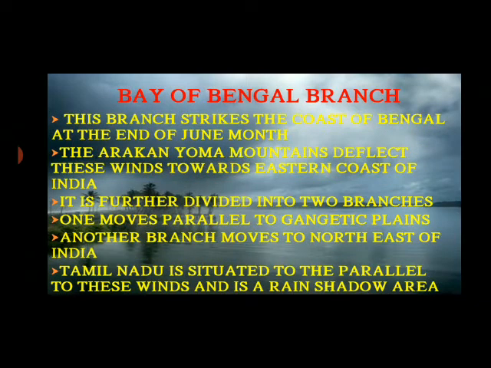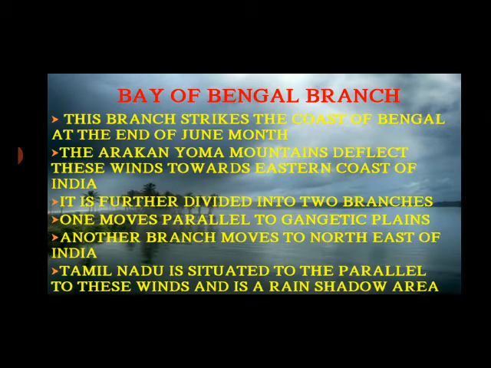Another branch of the Indian monsoon is known as the Bay of Bengal branch. This branch strikes the coast of Bengal at the end of the month of June. The Arakan Yoma mountain range of Myanmar deflects these winds towards the eastern coast of India. It is further divided into two branches. One moves parallel to the Gangetic plains.